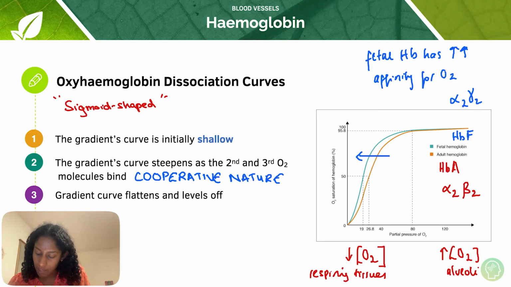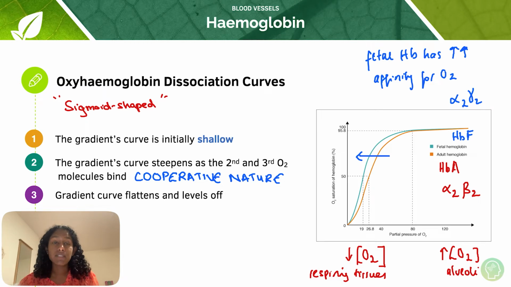So for example, at this partial pressure of oxygen of 26.8, adult haemoglobin is 50% saturated, whereas fetal haemoglobin is probably about 70% saturated. So fetal haemoglobin has this higher affinity for oxygen, which makes sense because remember the fetus is receiving its oxygen from the mother's placenta. The fetus doesn't use its own lungs when it's in the mum.